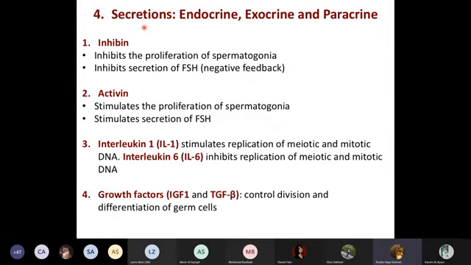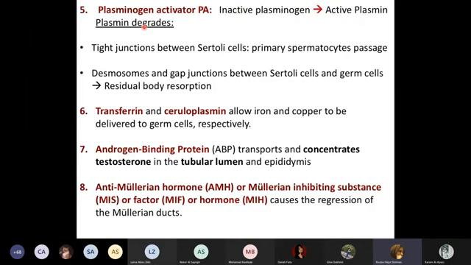What is plasminogen activator? As its name suggests, it will activate plasminogen. Now, plasminogen is secreted in an inactive form. And thus, when the Sertoli cell secretes plasminogen activator, this plasminogen activator will be able to convert plasminogen, an inactive enzyme, into an active plasmin enzyme.